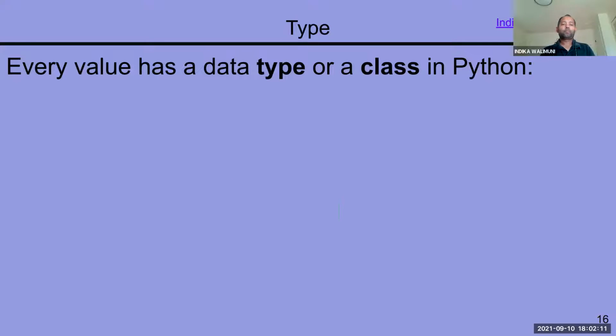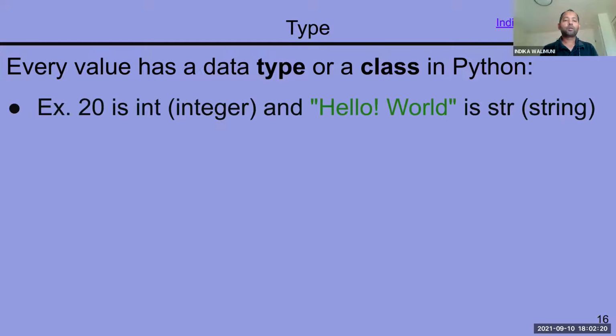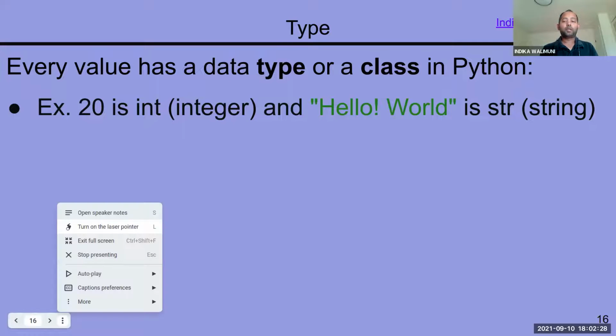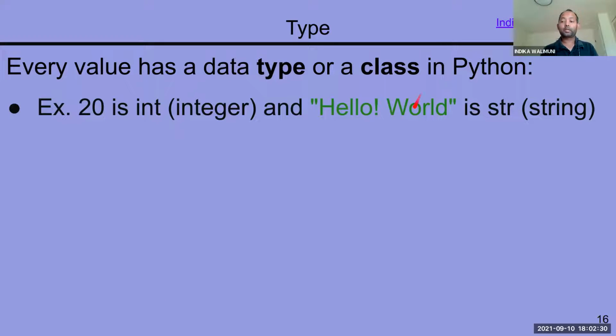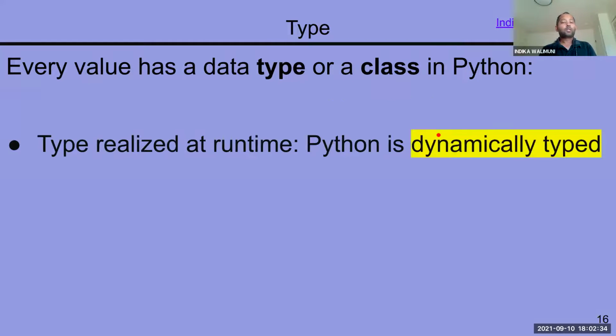Every data value has a type or a class in Python. So 20 has the type int, and hello world is a string type. This type is realized at runtime.